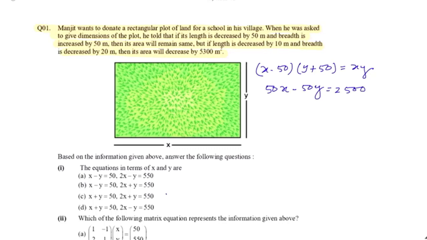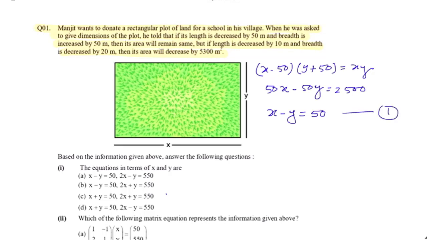So according to the question, (x minus 50)(y plus 50) is equal to xy, which is the original area of this plot. Therefore, 50x minus 50y is equal to 2500. So after simplifying, we can write here x minus y is equal to 50.